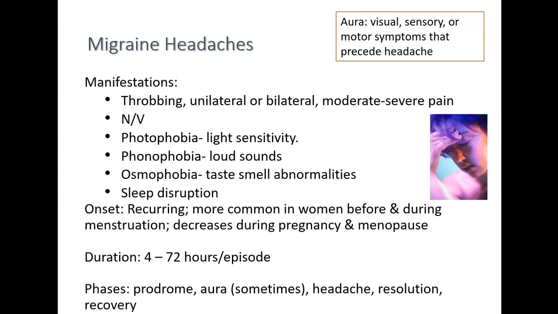You can have sleep disruption from these. People can literally wake up with a migraine, which is miserable. And the onset is that they're recurring. And then the question is how often they recur.